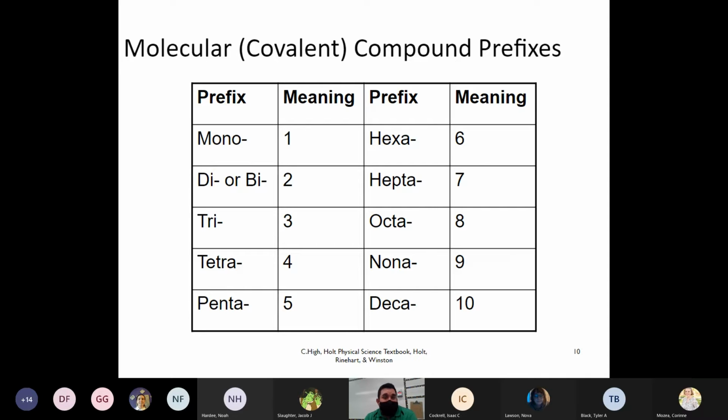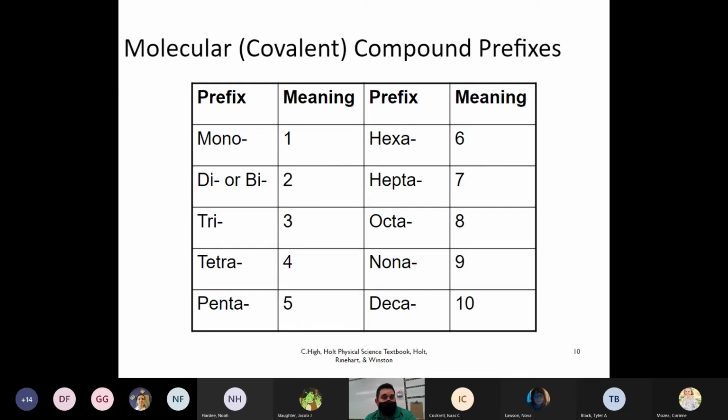In ionic, there's only one compound you can make between oxygen and sodium. But between carbon and oxygen, there's lots of different things I can do with that. So we need to have prefixes to tell us how many carbon, how many oxygen, how many atoms are in a molecule. And so you guys are going to need this list right here of prefixes.